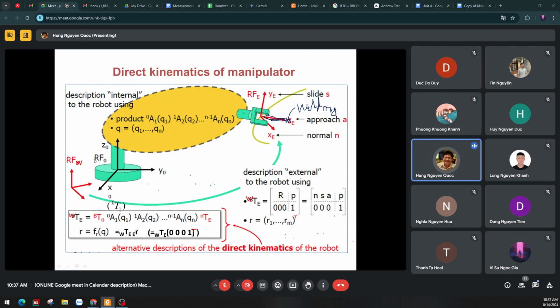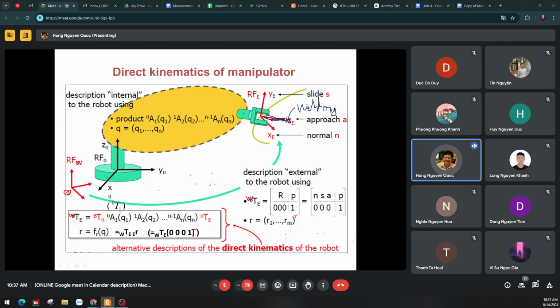For example, in the workshop, the robot is put somewhere here. In the workshop, usually you choose the zero or global coordinate.